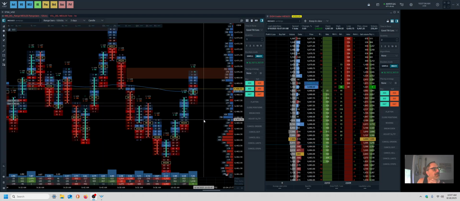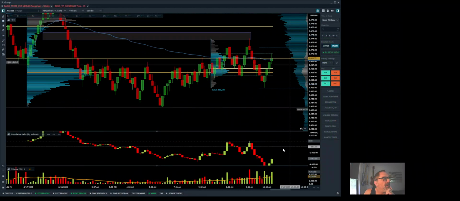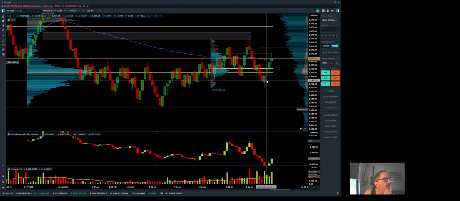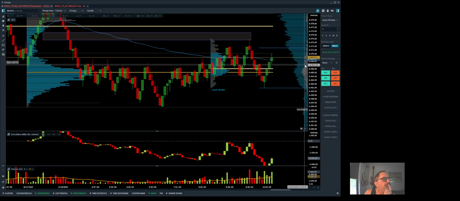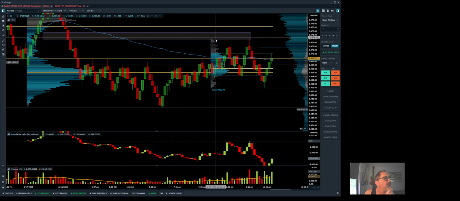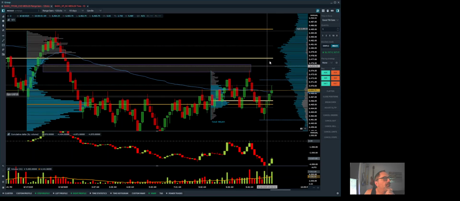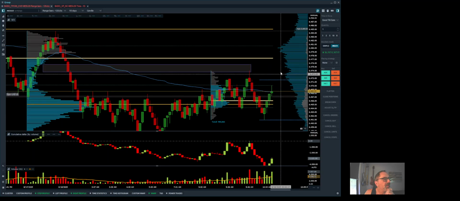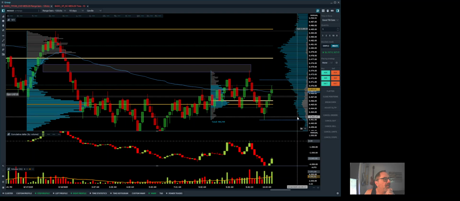Let's look at the volume profile here and take a look at what we have. This gray is today, which is pretty much this profile, and the blue is, I believe, the current week.